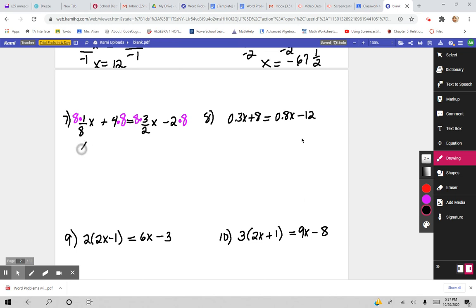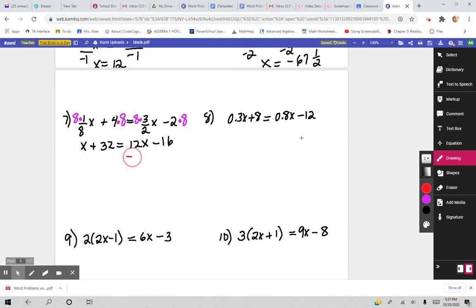And let's simplify. So 8 times 1 is 8 divided by 8. That's going to be 1x or just x. Plus 4 times 8 is 32. 8 times 3 is 24. Divide that by 2. That's 12x. And 2 times 8 is minus 16. Okay, let's get all of our x's on the same side.